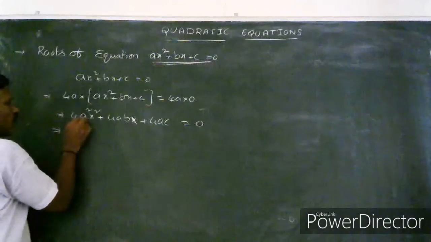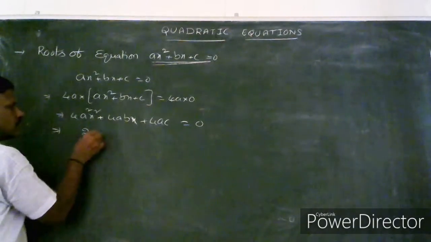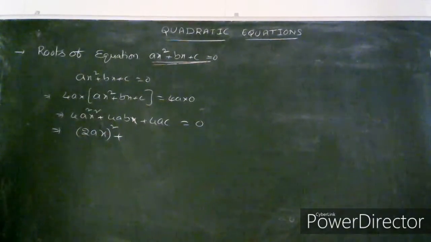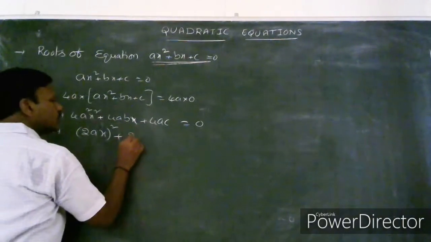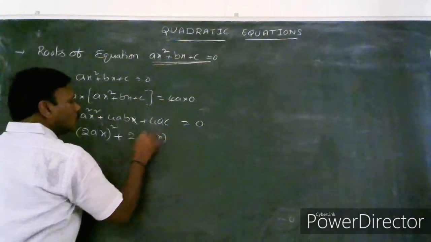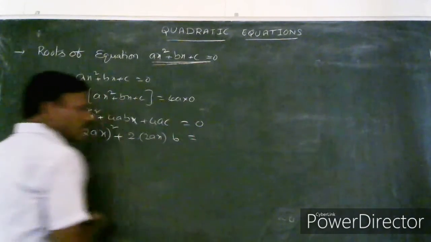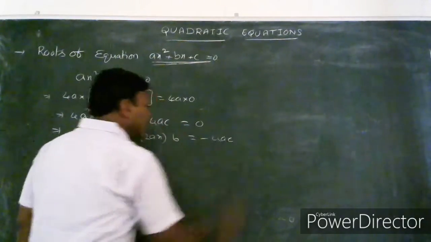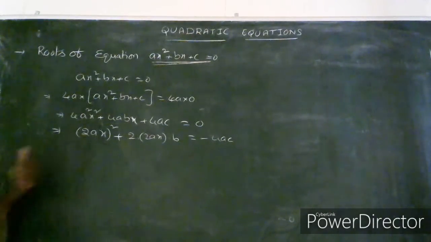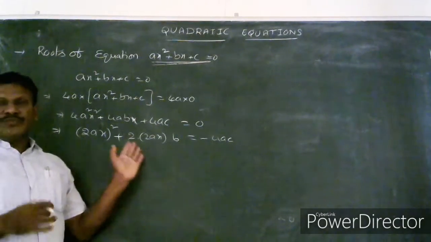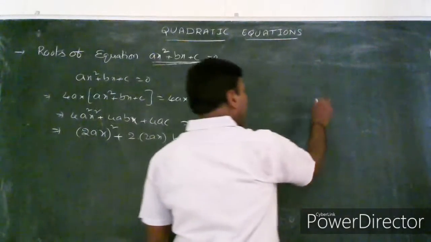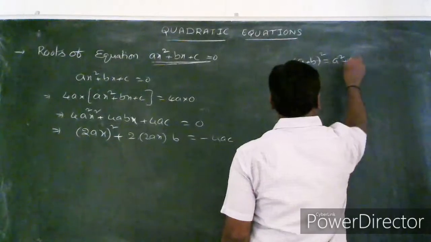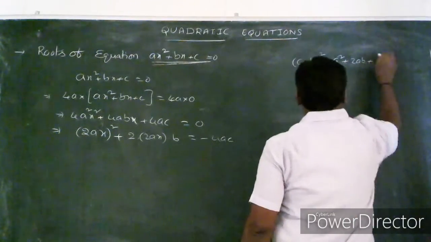That implies 4a²x² is written as (2ax) whole square, plus 2 into 2ax into b, is equal to, sending 4ac to the right side, minus 4ac. Now I want to convert the left hand side into the (a + b) whole square formula. (a + b)² is equal to a² + 2ab + b².